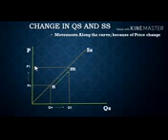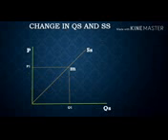It happened only because the price changed. So we call it a change in quantity supplied, or movement along the curve.